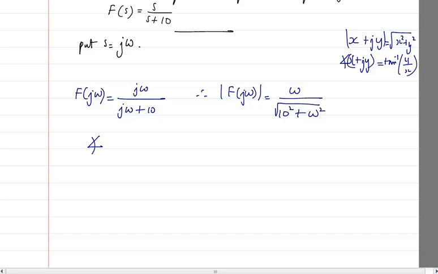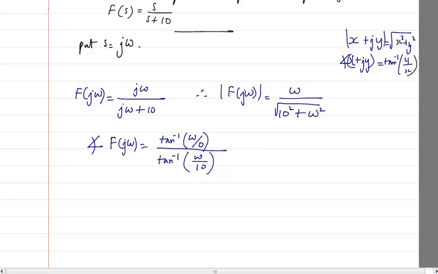The phase angle of F of j omega is going to be, the phase angle of j omega is again going to be tan inverse of omega by 0, y by x, isn't it? Tan inverse of y by x, which is omega by 0, minus tan inverse of omega by 10.